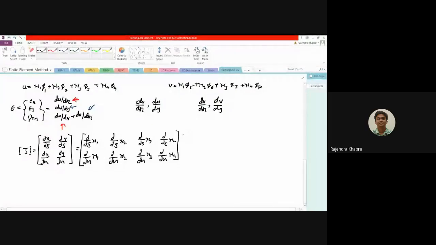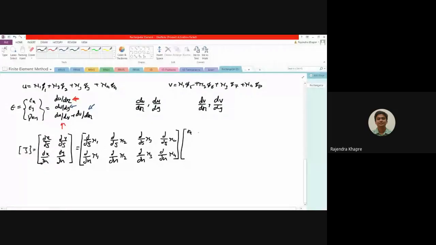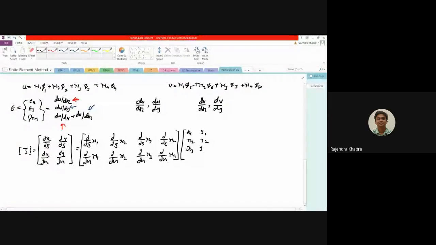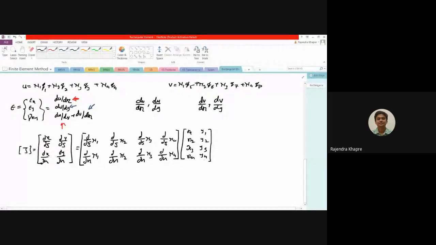This can be multiplied by x1, y1, x2, y2, x3, y3, x4 and y4. So if you multiply the first row and first column, you are going to get del x by del xi. In this particular way you can get the values of this Jacobian matrix.